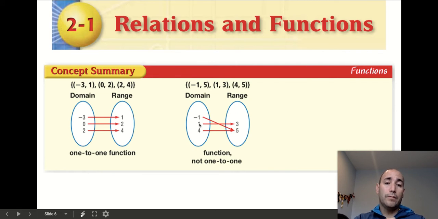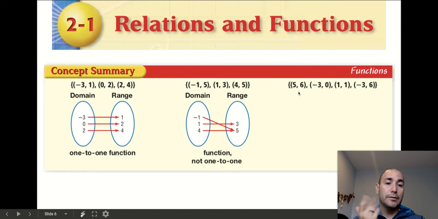Each one of the elements of the domain gets mapped to only one element of the range, but it is not one-to-one because there are 2 different x values that get mapped to the same y value, right? Very different than here. This is one-to-one because it's only a one-to-one match. These you have duplicated y coordinates.